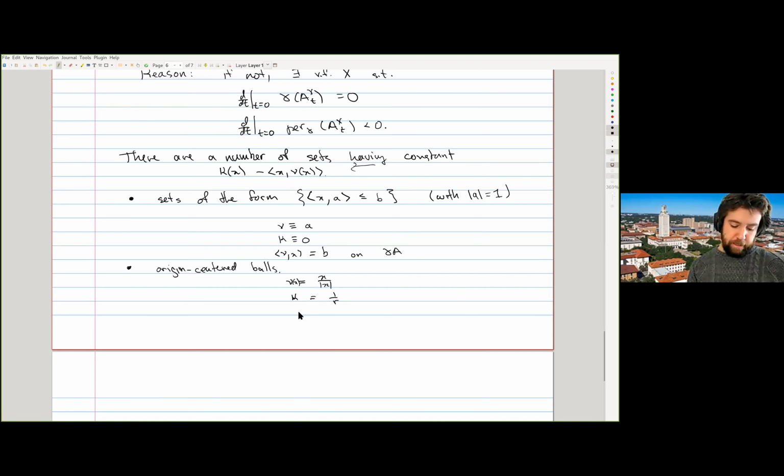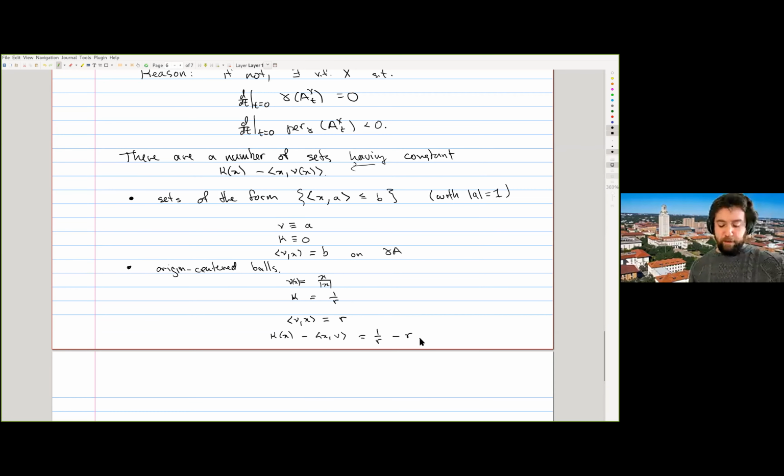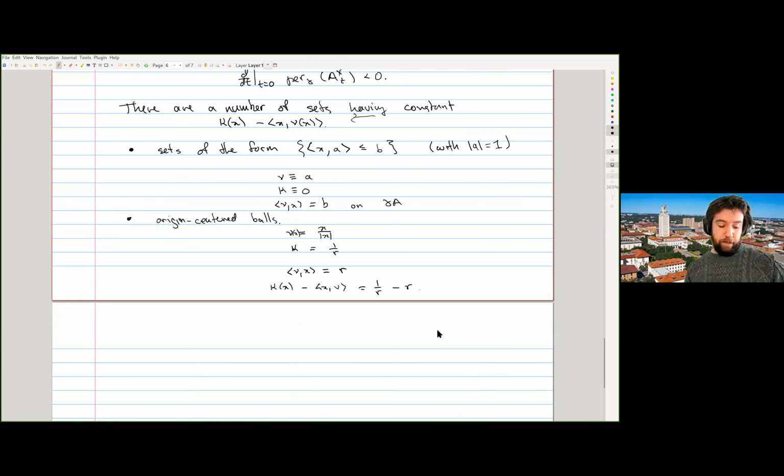And therefore the inner product between the normal and the position is the radius. So this thing here is, I guess, 1 over radius minus radius, there's a minus here, which is constant on the boundary, right?